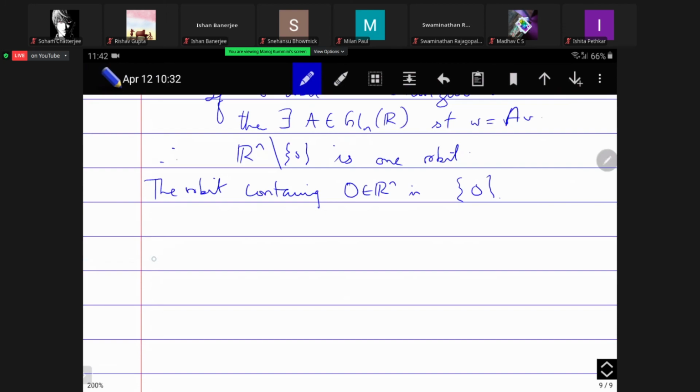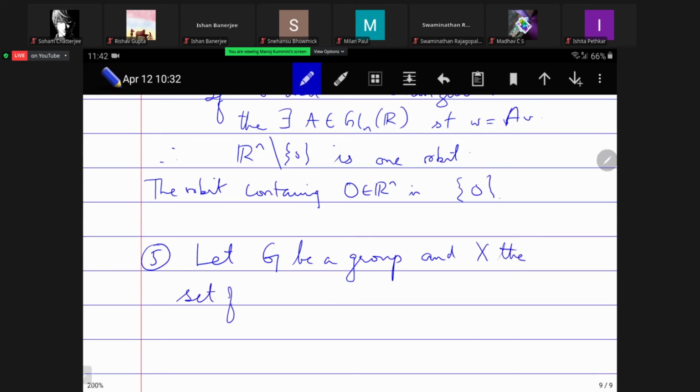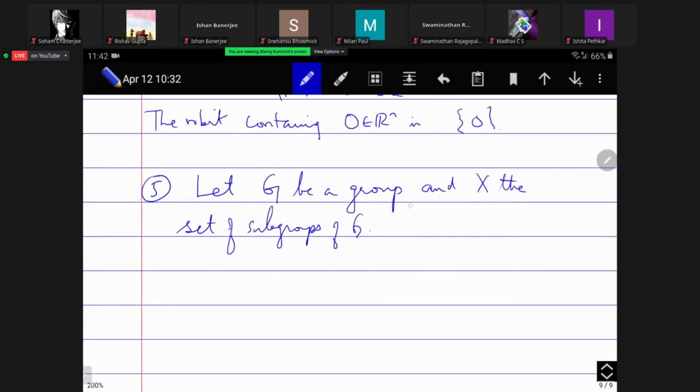So this is example five. Let G be a group and X the set of subgroups of G, and G acts on X by conjugation.